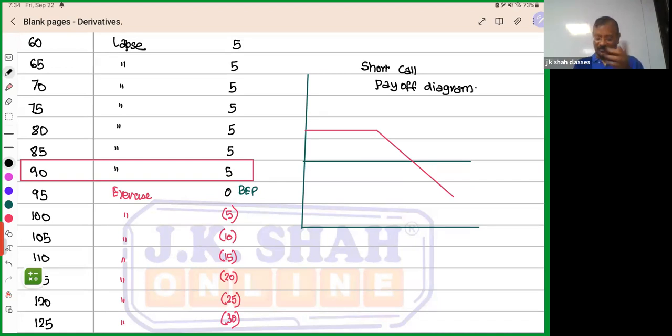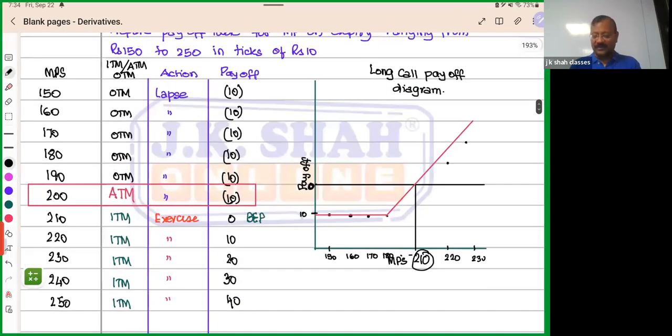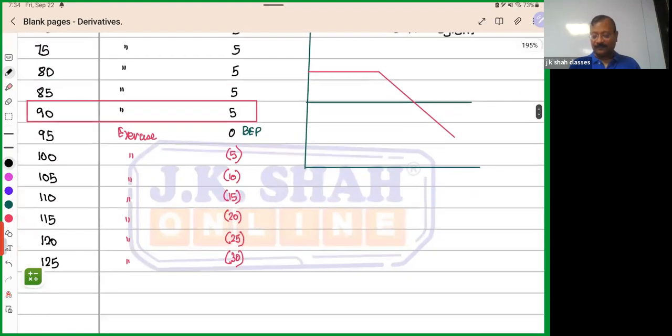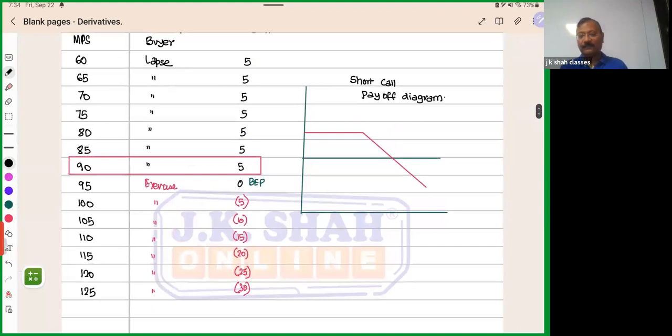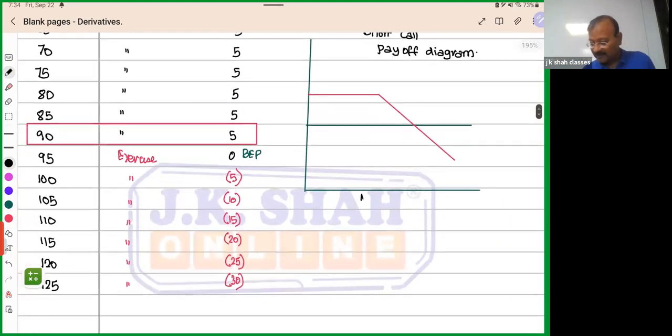You remember, someone asked me last lecture, I told you to leave some space on the side. That was for the diagram. This is my market price axis. This is my payoff axis.